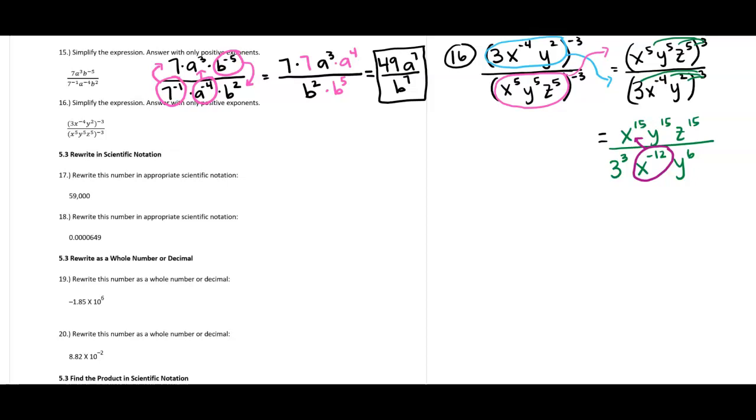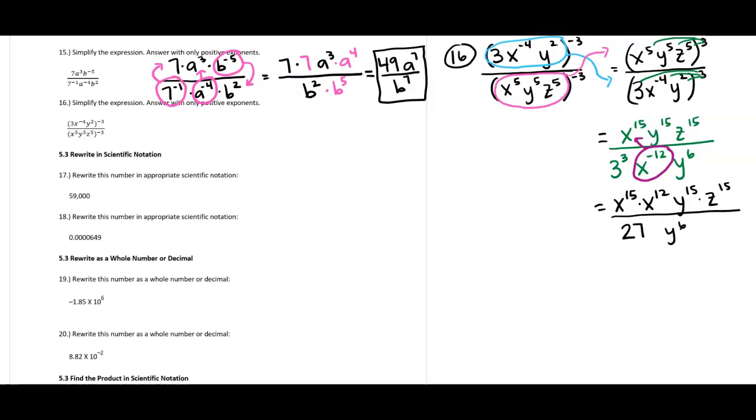And then I also need to do some simplifying here. I've got x to the 15th times x to the 12th, since I've moved it upstairs, y to the 15th and z to the 15th. On the bottom, 3 times 3 times 3 is 27, and then y to the 6th.